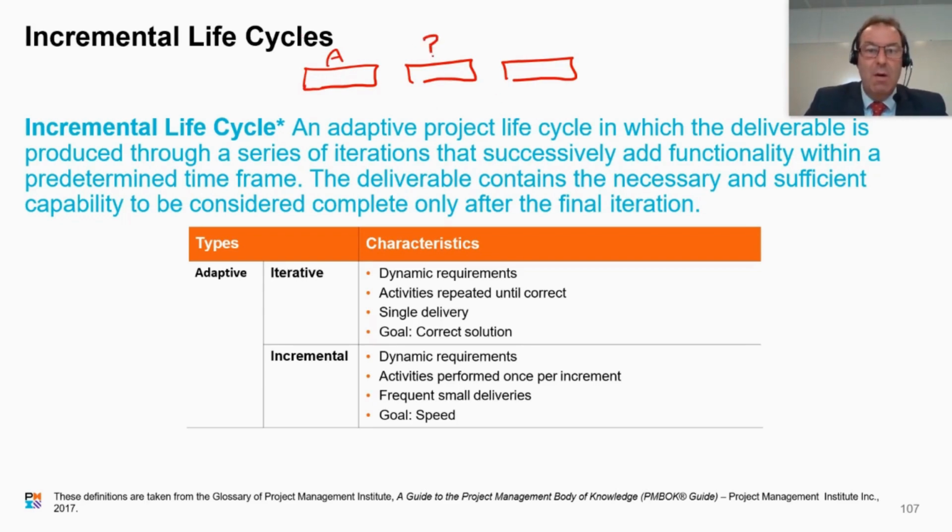Here, though, we may not be absolutely certain at this point what we're going to be doing in future increments. Because once we get to the end of the first increment, or towards the end of it, we need to start planning, where do we go from here? And that might not be a predetermined path. And of course, what we thought we might have to do may need to change. And that's something we've also got to consider.